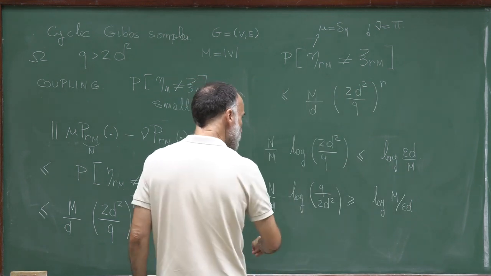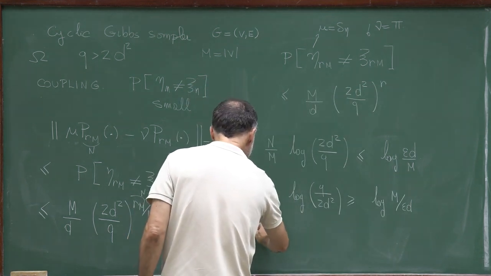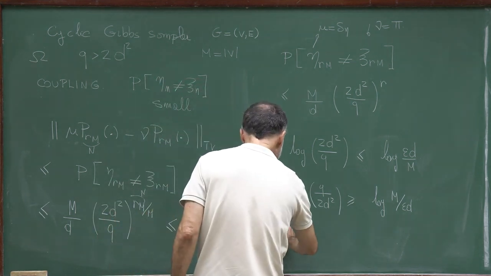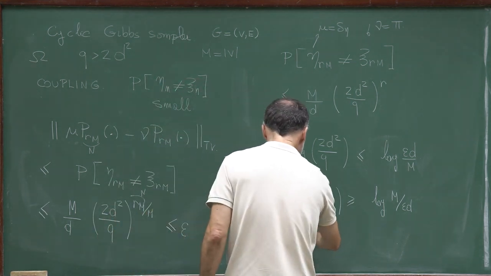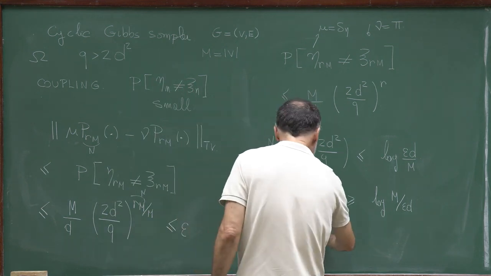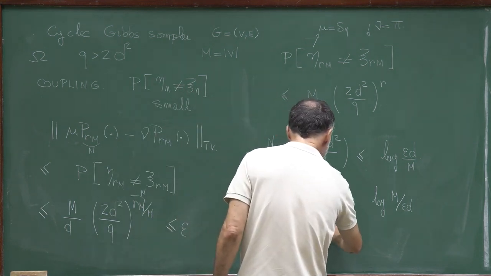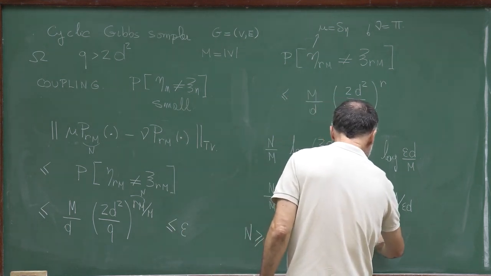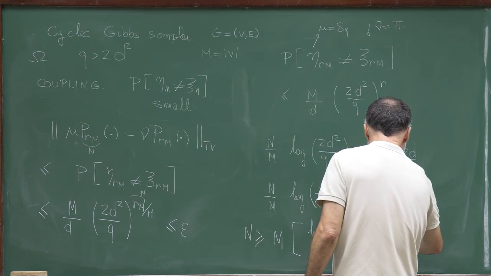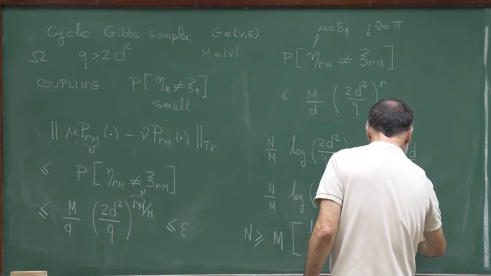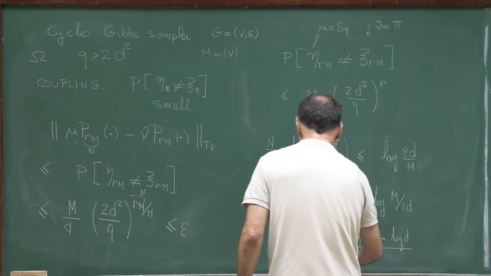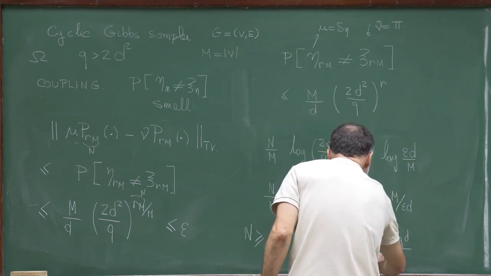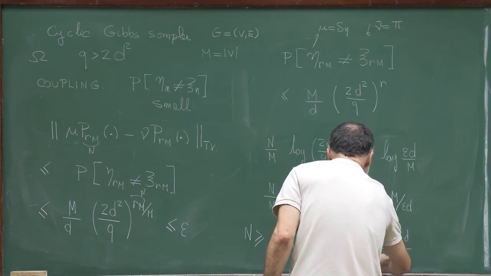And so this tells me that n has to be larger than m times log m plus log 1 over epsilon minus log d, divided by this quantity, log q divided by 2d squared.